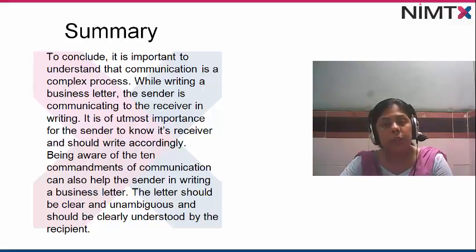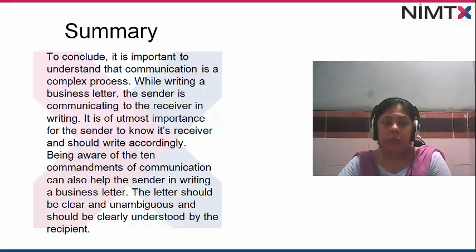The receiver, after reading the letter, should not be in doubt. They should be able to understand the meaning of this letter. If it is ambiguous, if you have not instructed clearly, whatever you are writing is not clear, how will the receiver reciprocate?